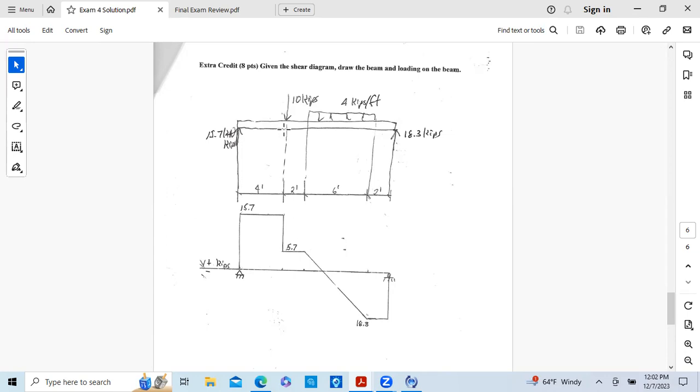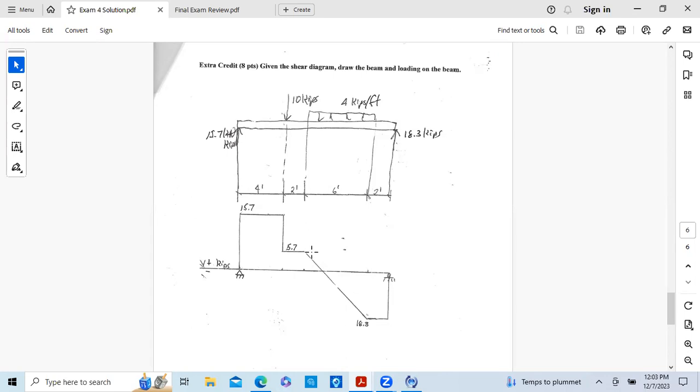And again, it's going to be constant in this region. This is what happens here. It's constant. And then shear is a function of x, so I know this is a distributed load going from 5.7 down to 18.3.